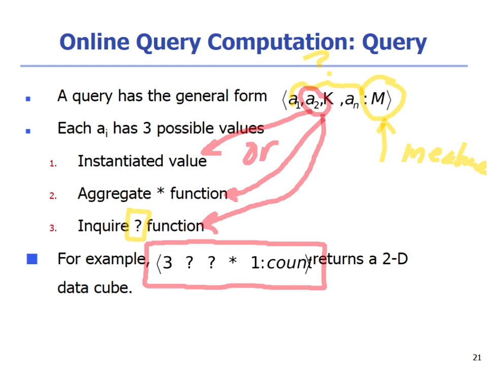So here we have 1, 5. Very good, Mr. Nabil. 5 dimensions here. First, second, third, fourth, fifth. 5 dimensions and a measure.